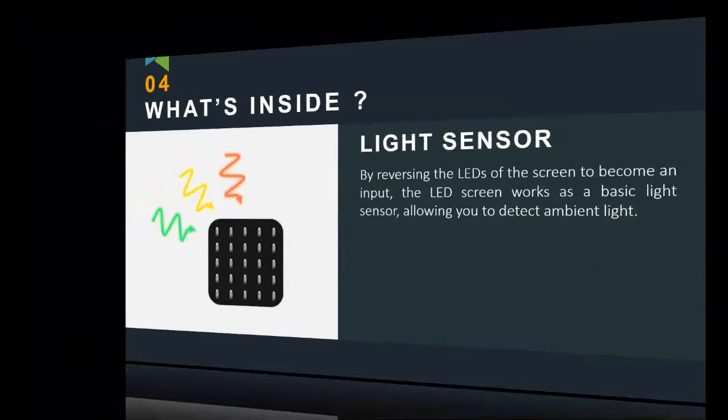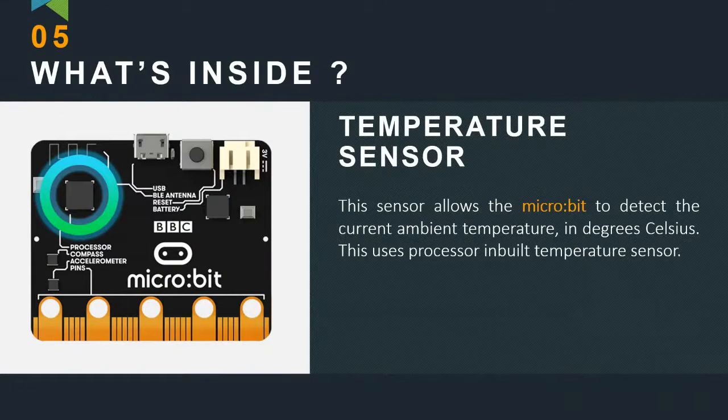So there's a temperature sensor. You can calculate the environmental temperature, not exactly, but it is accurate to within plus or minus 1 Celsius. When we compare the microbit and the Raspberry Pi, they don't have these on board.